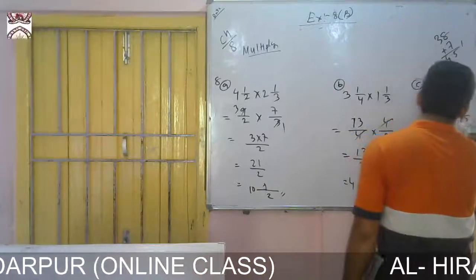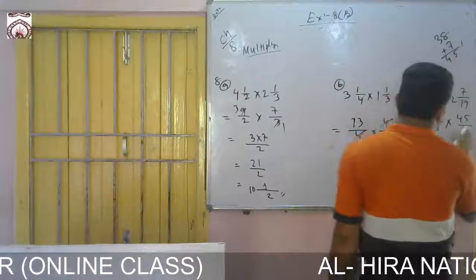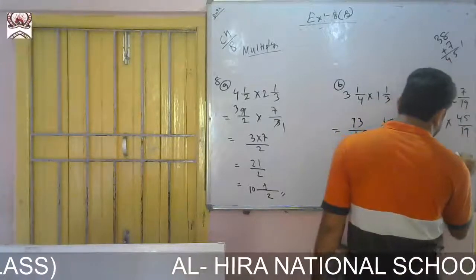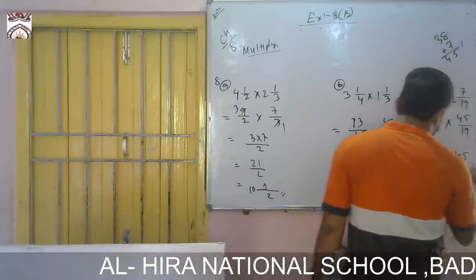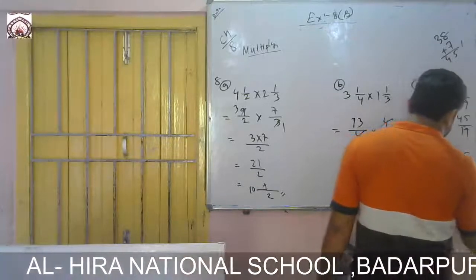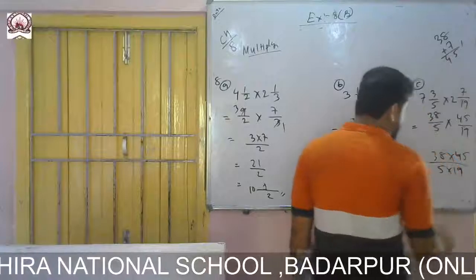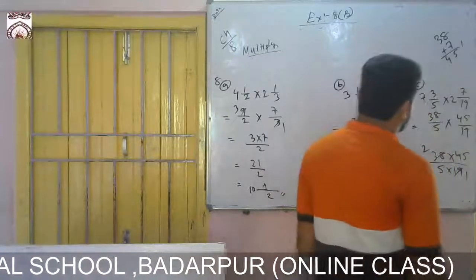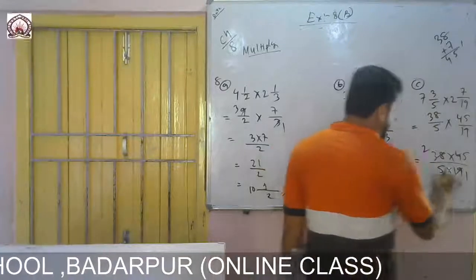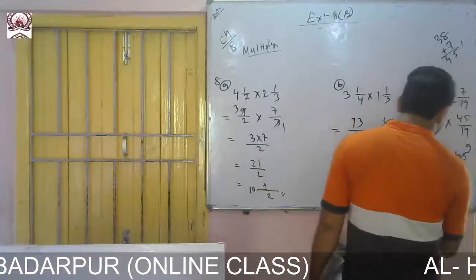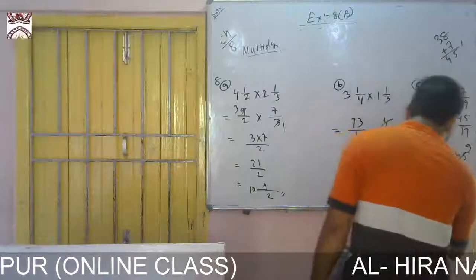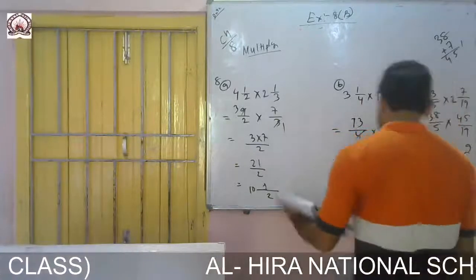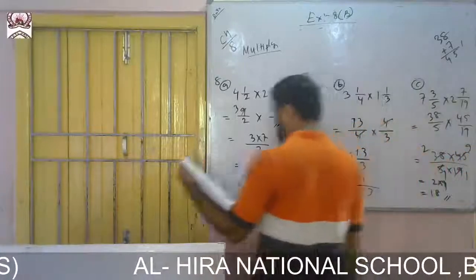This is what? 45 by 19. So 38 into 45 by 5 into 19. So this one I can cancel. 19 1 jar 19, 19 2 jar 38. 5 1 jar 5, 5 9 jar 45. So answer is what? 2 into 9, 18. Okay.